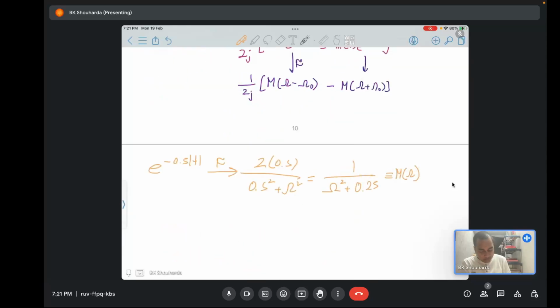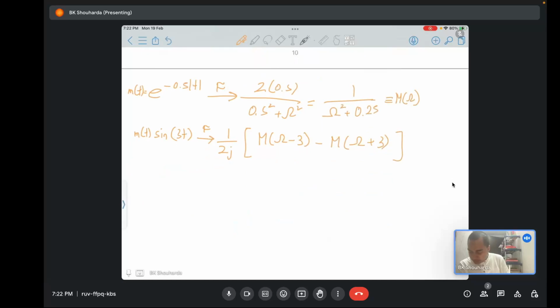Now we are modulating it with sine 3t times m(t). This was our m(t), which would give me the Fourier transform 1 upon 2j, M(omega minus 3) minus M(omega plus 3). Let's proceed with simplifying this.